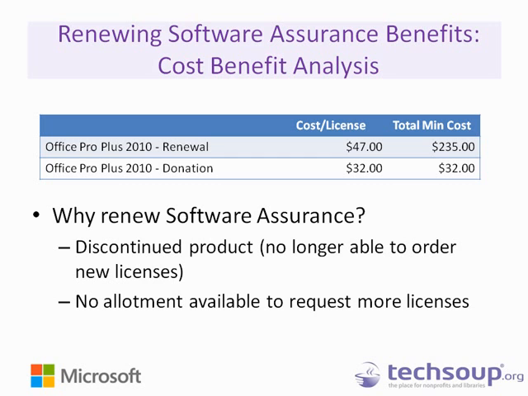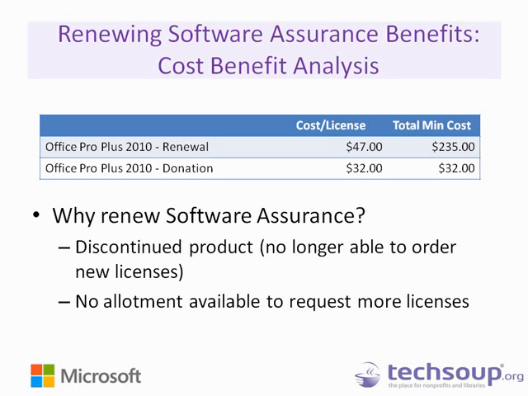For the Office Pro Plus, if we were an organization making a cost-based decision, we would probably request new licenses because first, our overall out-of-pocket cost is lower, and second, if we need fewer than 5 licenses, then we don't have to do the renewal on all 5.